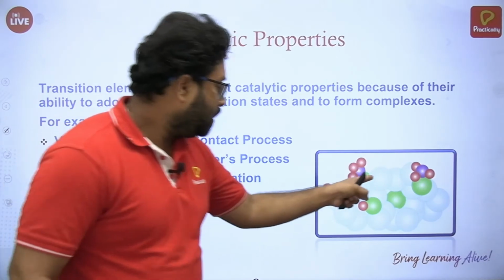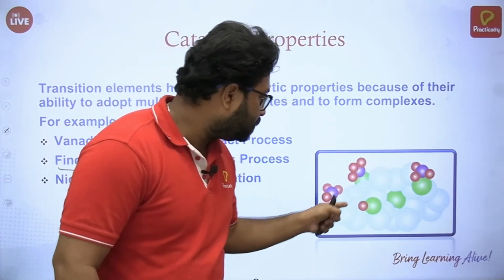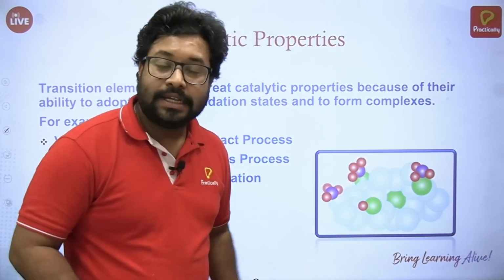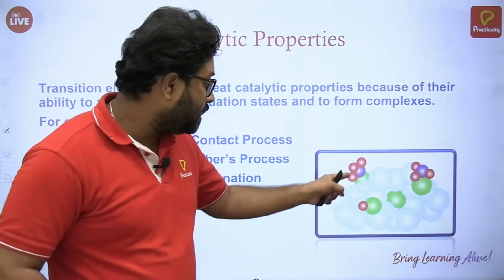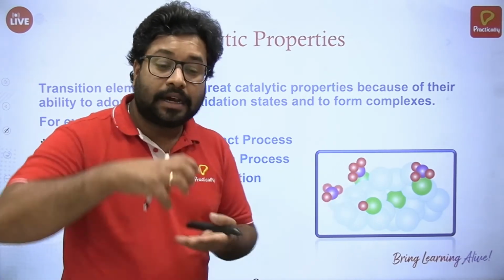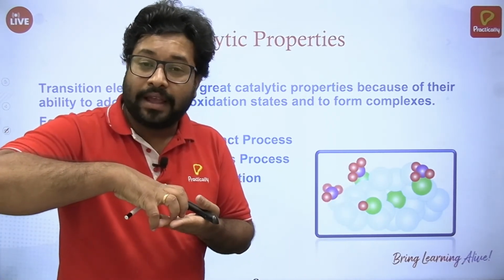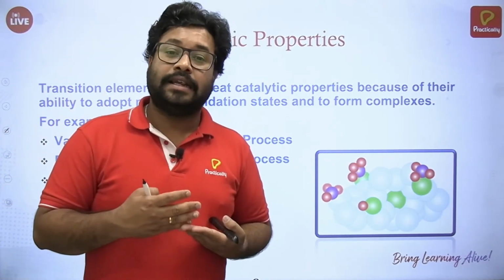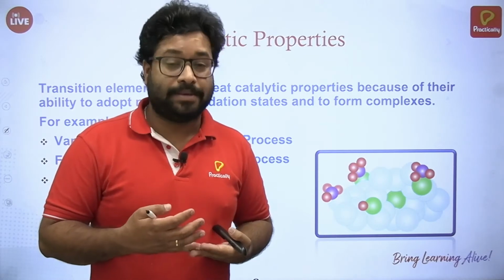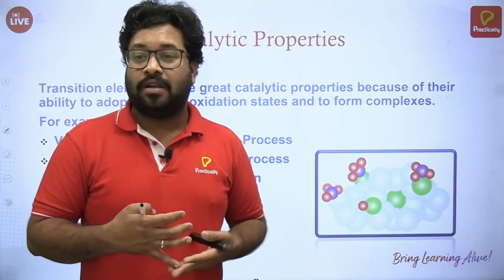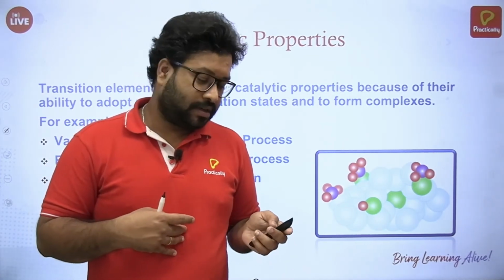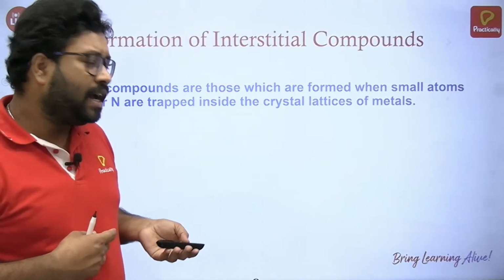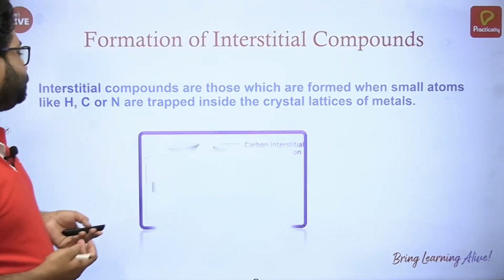See, these are the metallic atoms. These are the gaps, the surface area available, and this is how different reactants get adsorbed over them. It is all actually adsorption, and we're going to cover this in the chapter called surface chemistry, and then we'll see what adsorption is all about. For now, let's move ahead.